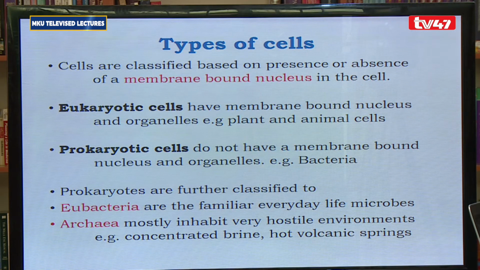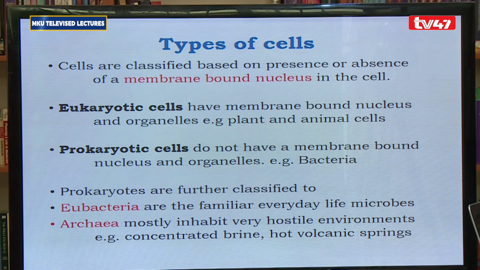Previously, we classified cells as animal cells, plant cells, bacterial cells. But in science, we like to classify cells in terms of two classifications. The classification is based on whether the cell contains a membrane around the nucleus. As I had said earlier, the nucleus is a structure that you find mostly centrally in the cell. Cells that have a boundary around the nucleus are known as eukaryotic cells.